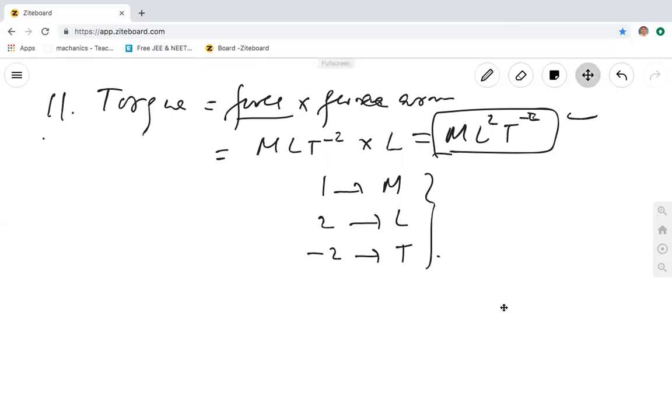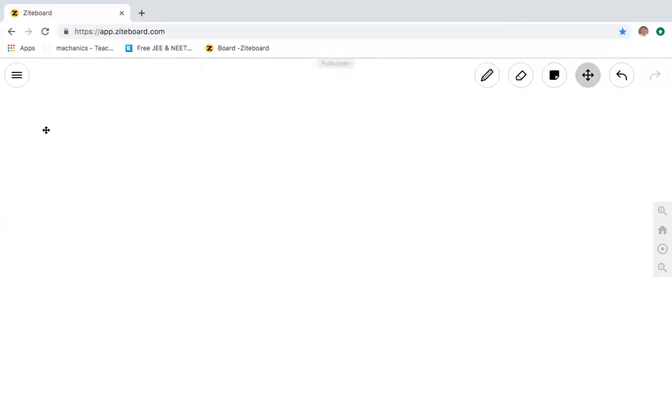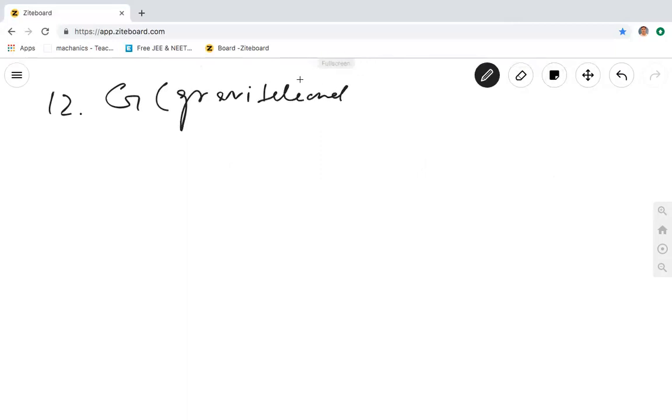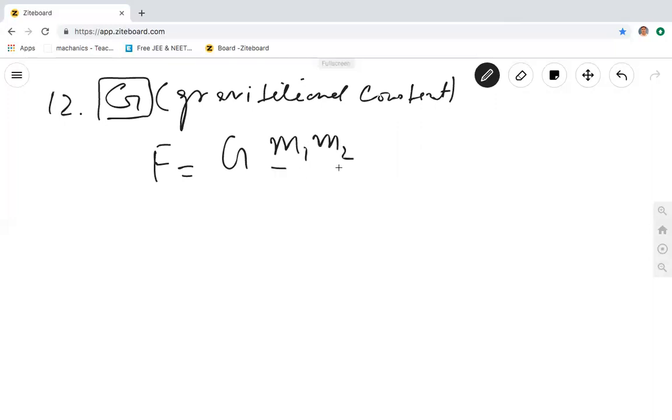Now let me go to the gravitational constant G. You can find this from Newton's law of gravitation, that is F equals G m1 m2 by r square. This is the famous gravitational law given by Newton. So G can be put as F r square by m1 m2.